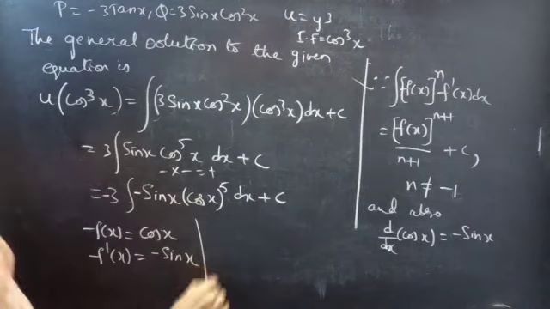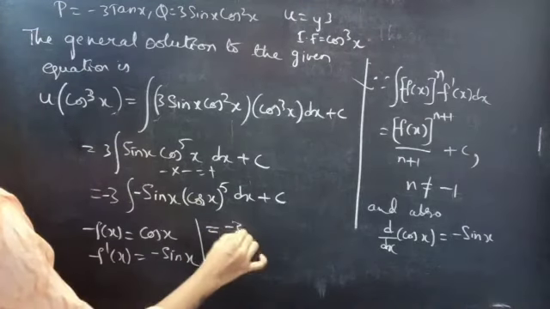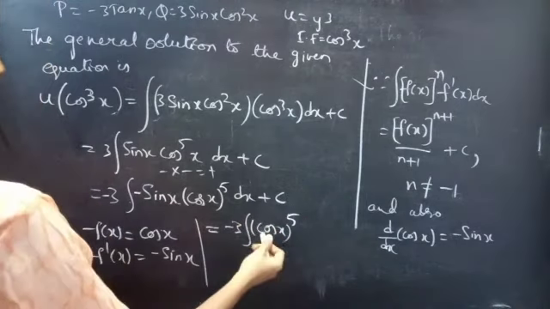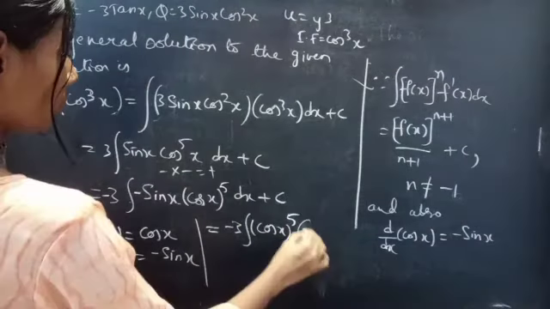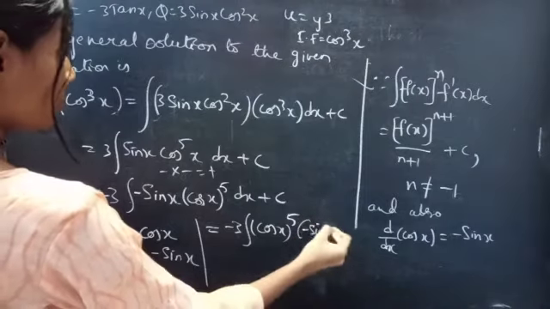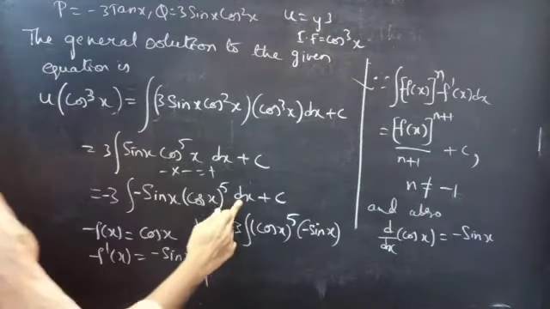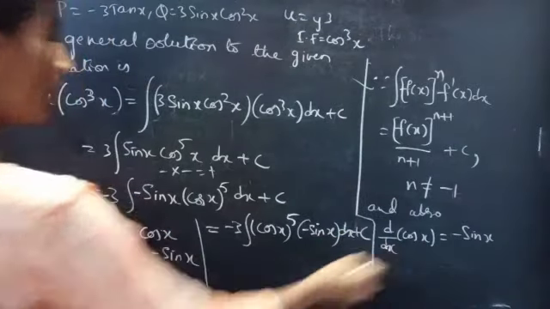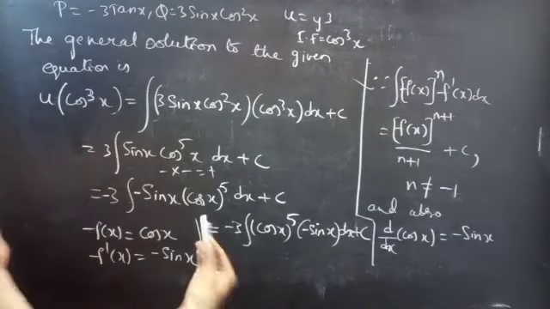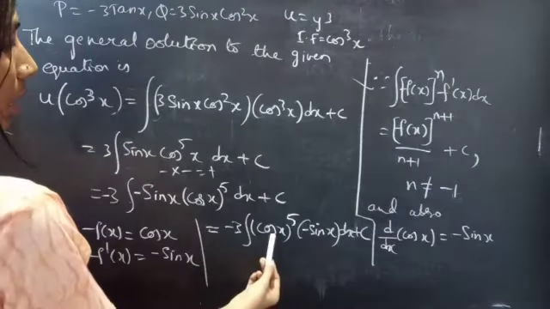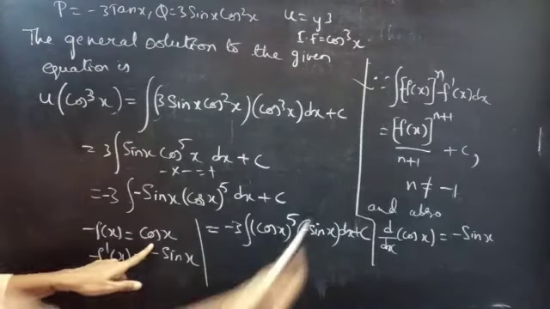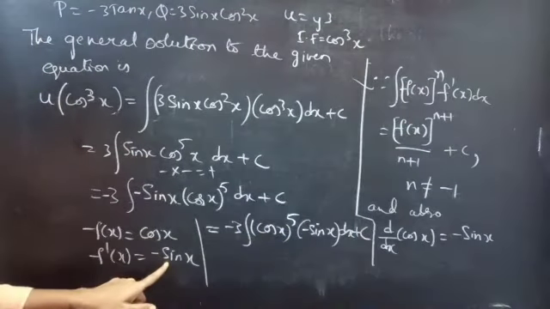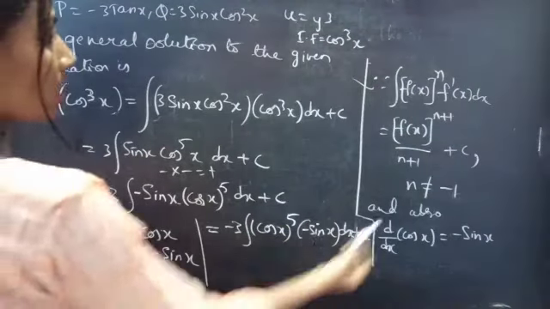This equals minus 3 into integral cos x power 5, that is f of x power n, into f dash of x into dx plus c. Now it's easy to apply this formula. Here f of x equals cos x, n equals 5, and f dash of x equals minus sin x.